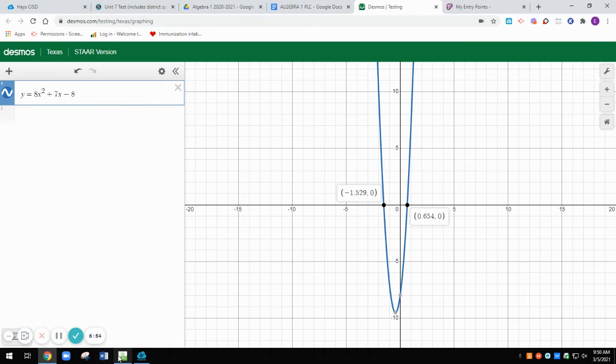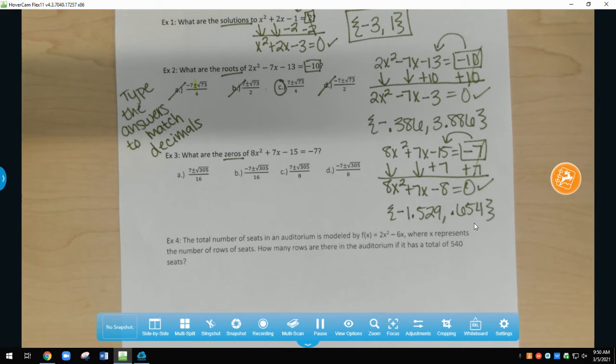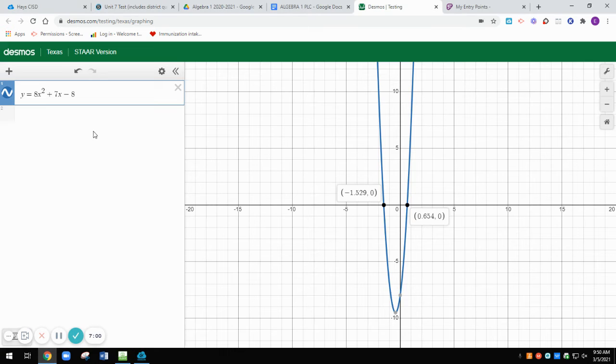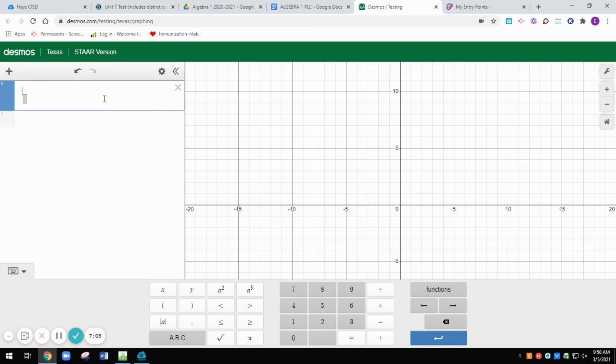Okay, so I have my decimals written out. Now I'm going to check my answer choices to see which one matches. So I'm going to press divide. And first we have 7 plus square root of 305 over 16. That gives me a positive 1.529. I needed a negative.